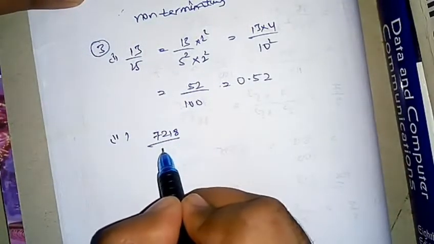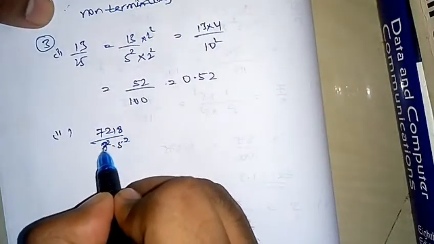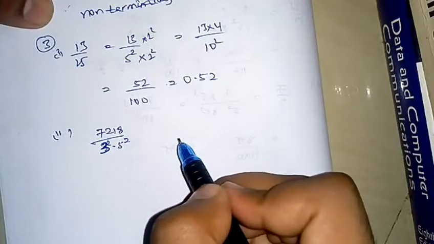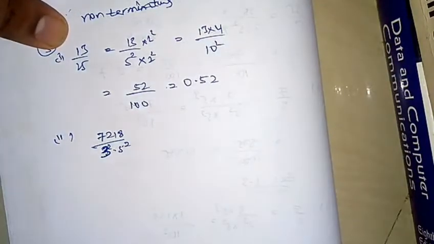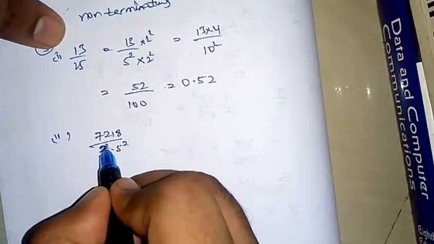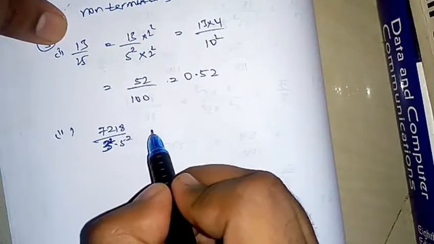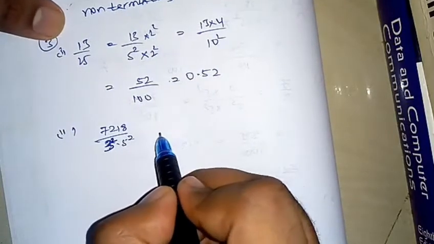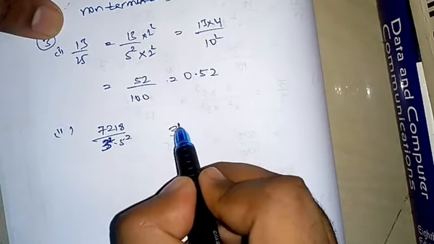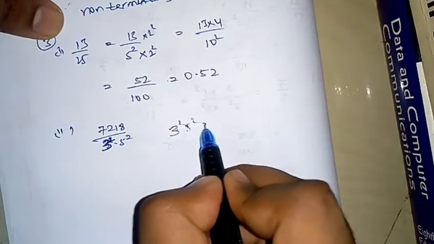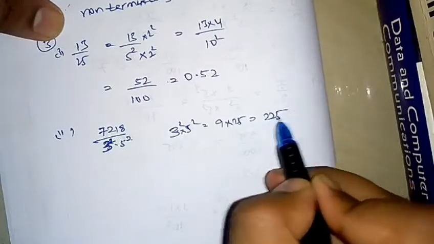Next is the second one, 7218 by 3 square into 5 square. What you can do is 3 square into 5 square is 9 into 25, which is 225.